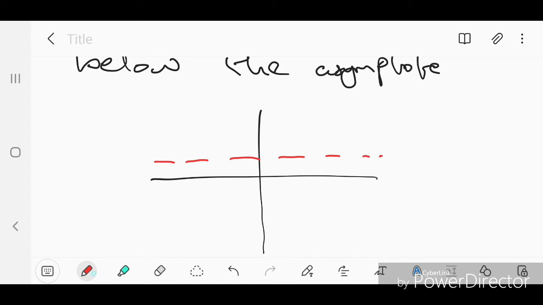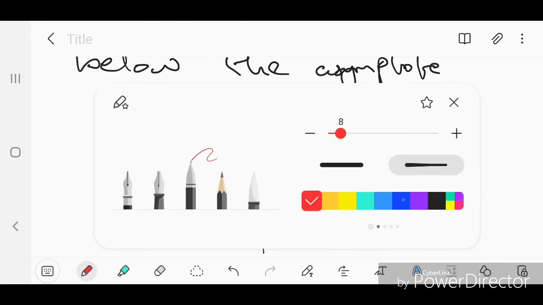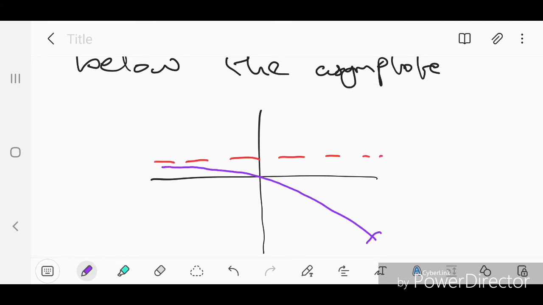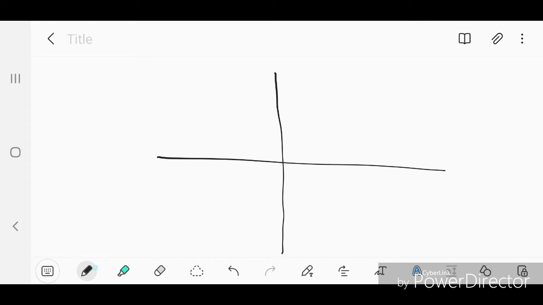Now when a is negative, then we have this type of function. It can pass here. So this is our exponential function. And then another one. Let me just draw them separately, because another student can think that, let's say on this one our q is negative.